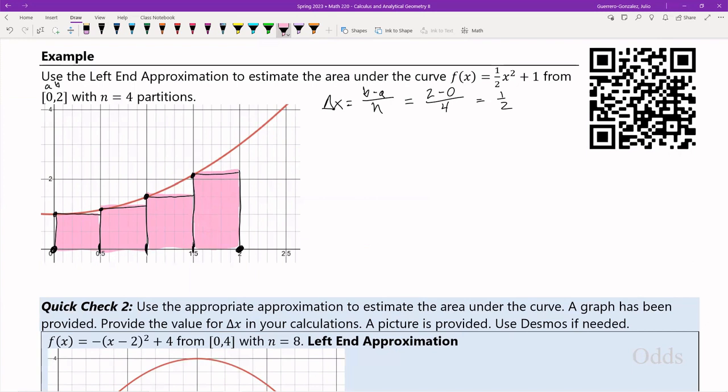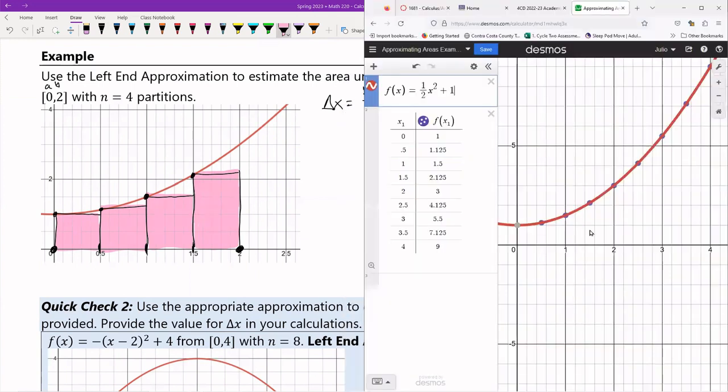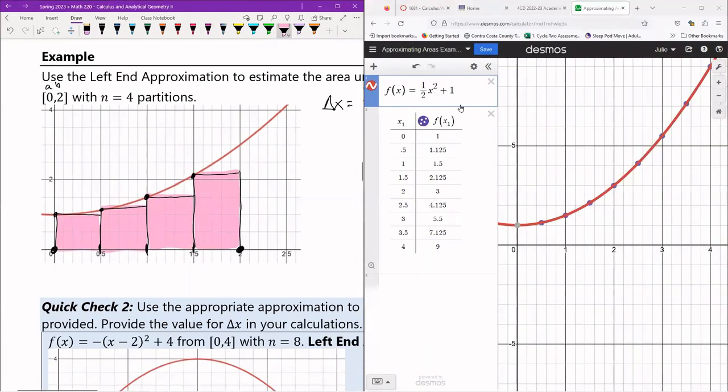So now, this is where I'm going to be using the Desmos calculator that I gave you guys. Let me open it up really quick. All right, there we go. So the way that the Desmos calculator works is you get to give it a function, right? And you give it the x values, and it will go ahead and compute the function value for that function at that x value, okay?